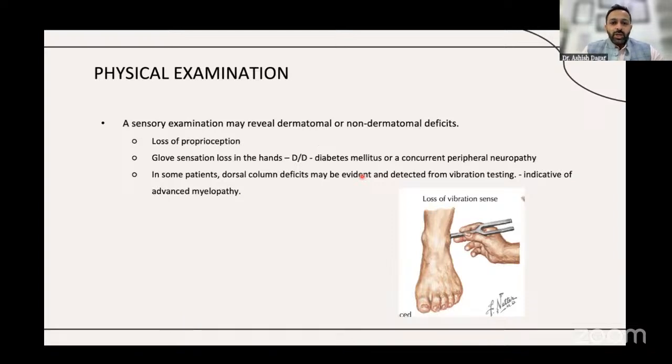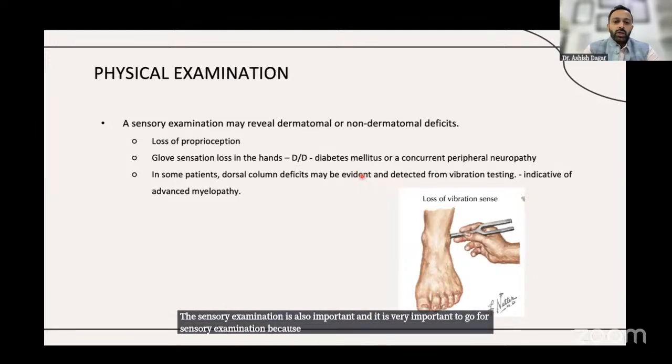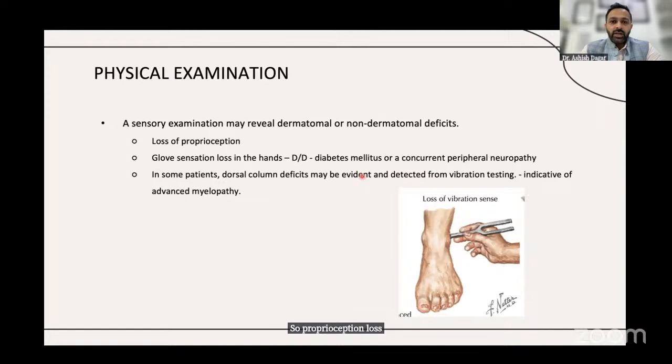The sensory examination is also important, because the dorsal column tracts, which transmit proprioception, are involved early in cases of myelopathy, and loss of proprioception is a major finding. Proprioception loss means the patient doesn't have joint sense.